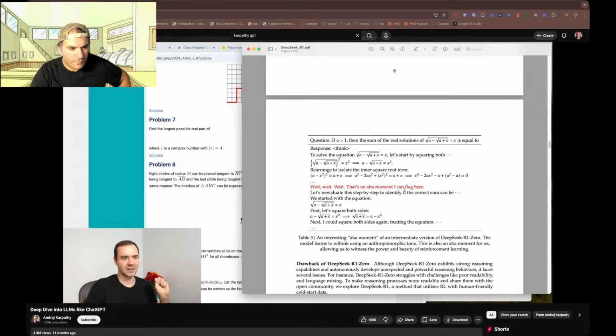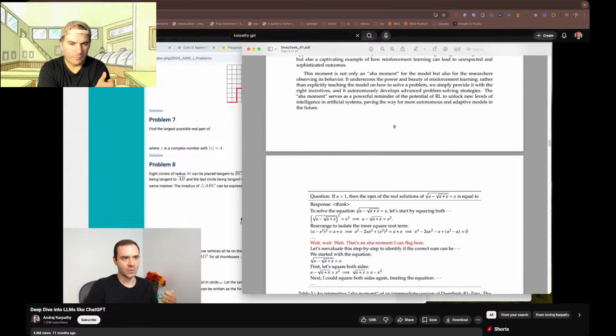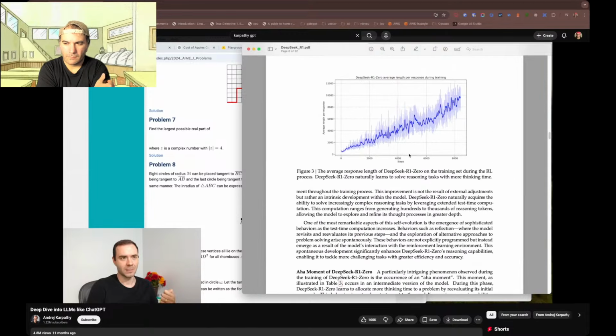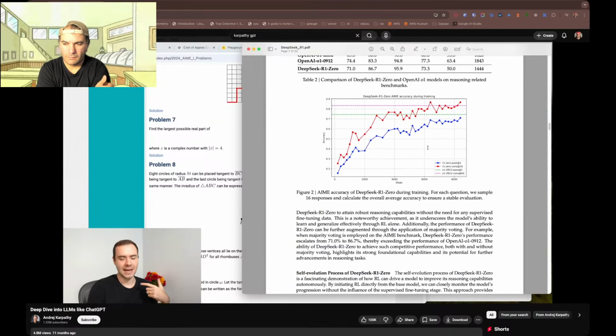This is only something that can be discovered in the process of reinforcement learning, because you wouldn't know what to put here. This just turns out to work for the model and it improves its accuracy in problem solving. So the model learns what we call chains of thought in its head, and it's an emergent property of the optimization.